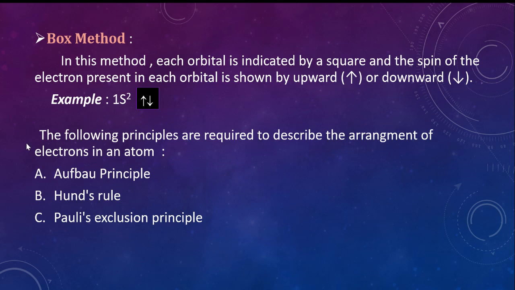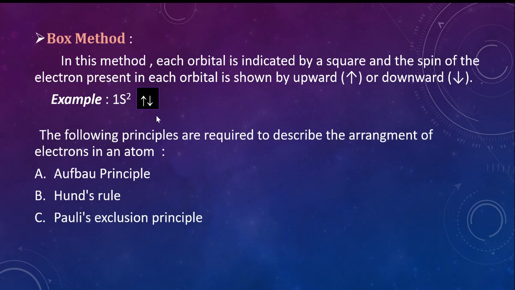That means the electron revolving in the clockwise direction is indicated by the upward arrow, and the electron revolving in the anti-clockwise direction is represented by the downward arrow. The following principles are required to describe the arrangement of the electrons in an atom.